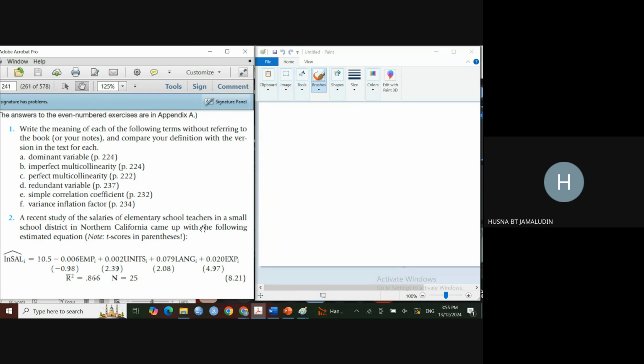Remember, the number in parentheses is not your standard error. The number in parentheses, I keep mentioning, is the t-score. Oh, t-score. High t-score. Smaller error. How will you know smaller error?